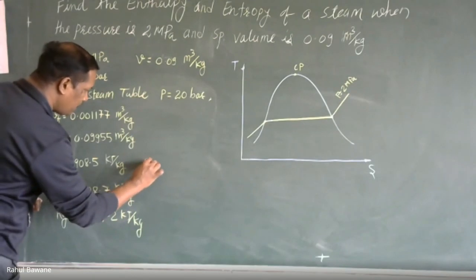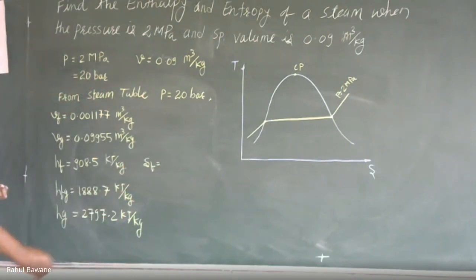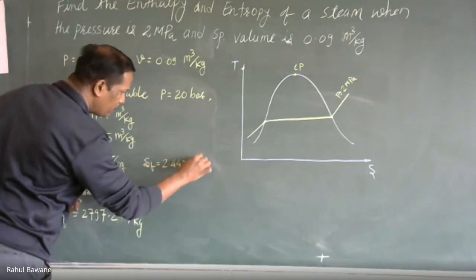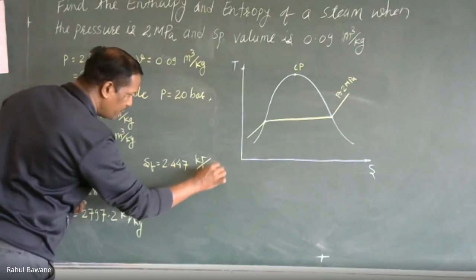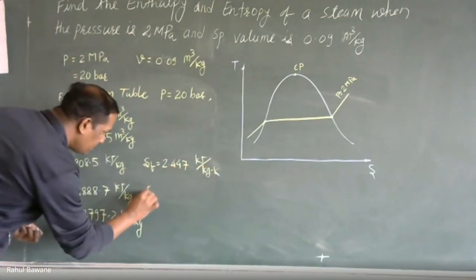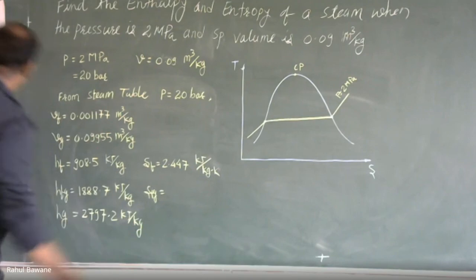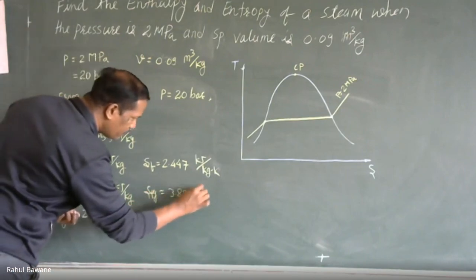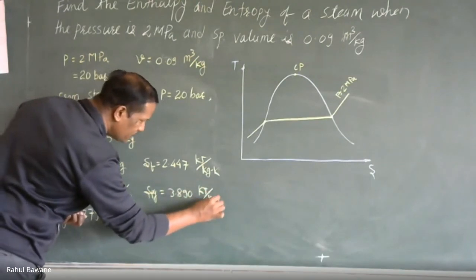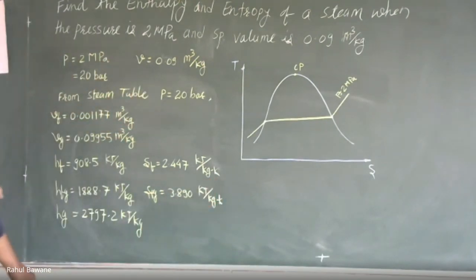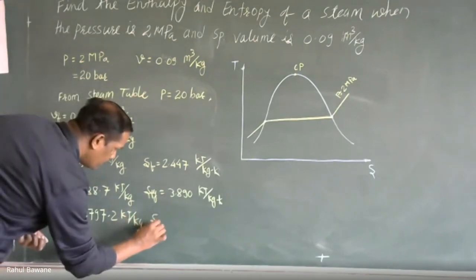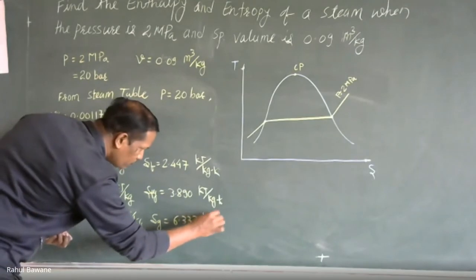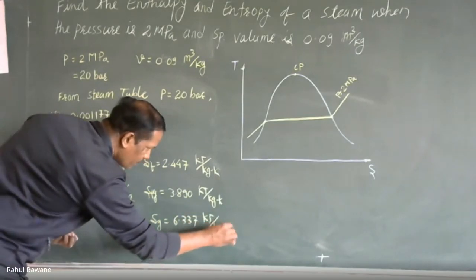SF is 2.447 kilojoule per kg Kelvin. SFG is 3.890 kilojoule per kg Kelvin, and the last, SG, is 6.337 kilojoule per kg Kelvin.